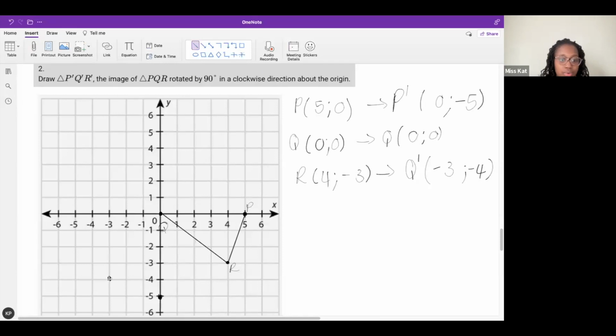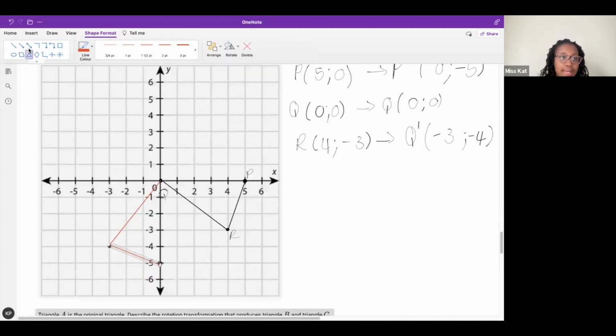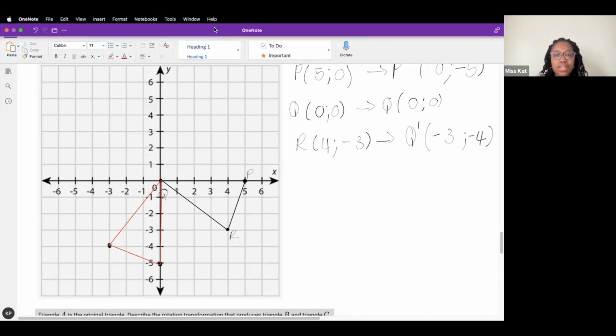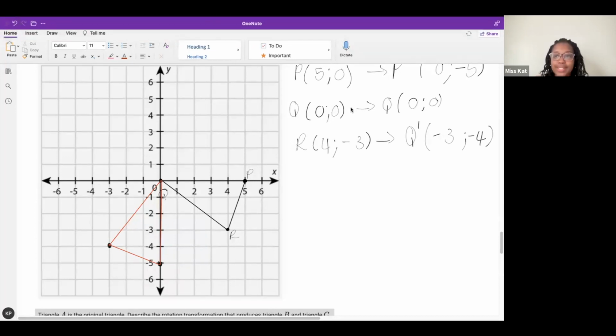There we go. And there. And the last point or line is over there. See, guys, that's why I said if you can rotate points, you can rotate shapes.